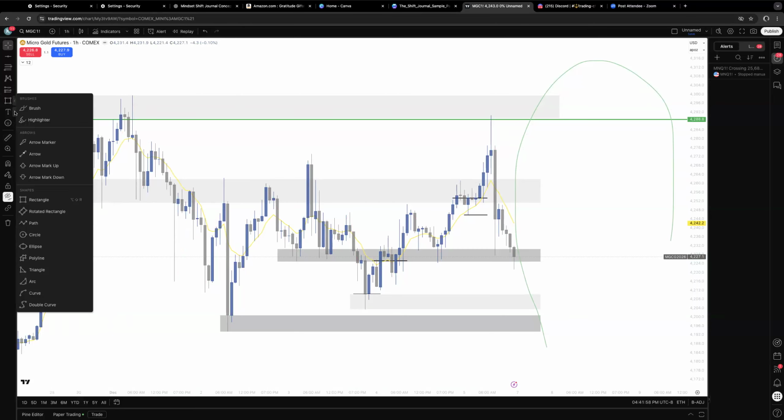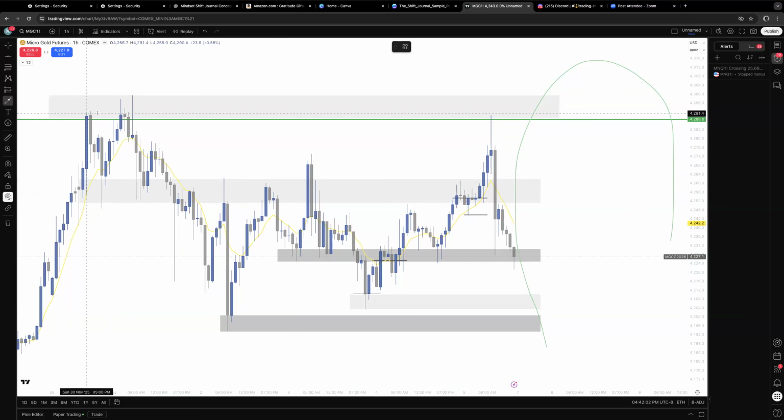So when we start looking at market structure on the higher time frame, I'll start at this swing right here. Coming from down here, we made a new high, right? So I'll start at this new high. If we were in the uptrend on the way up here, this was a new high, and when we're in the uptrend, we got higher highs, higher lows, right?